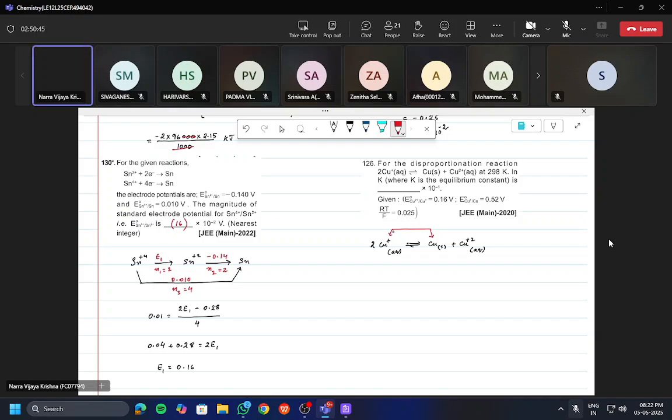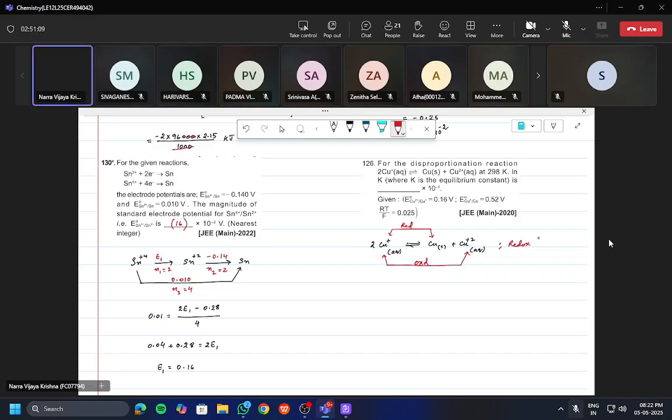Plus 1 to 0 means a gain of electron, reduction. Plus 1 converted to plus 2 means oxidation. So definitely it is a redox reaction.